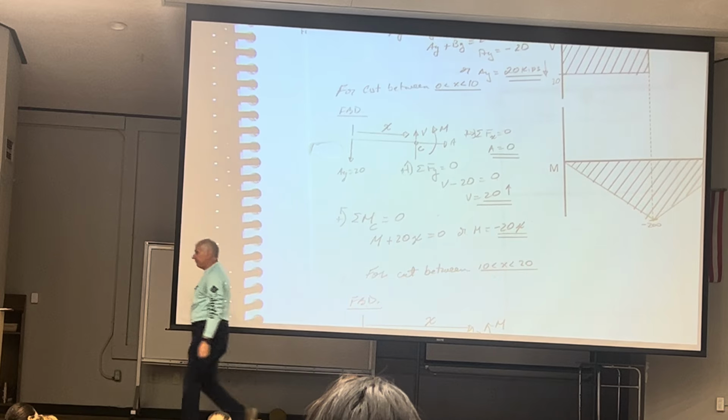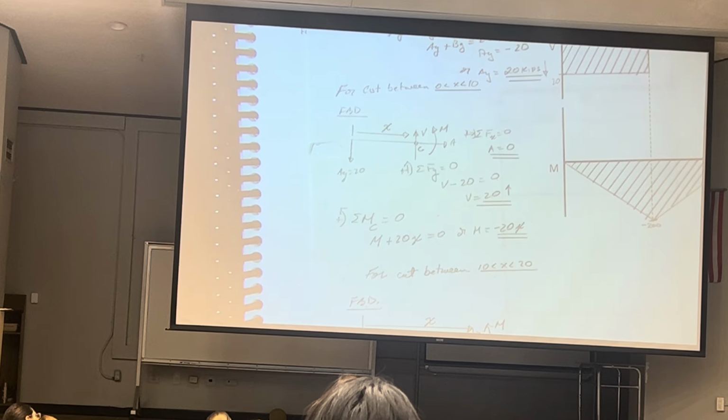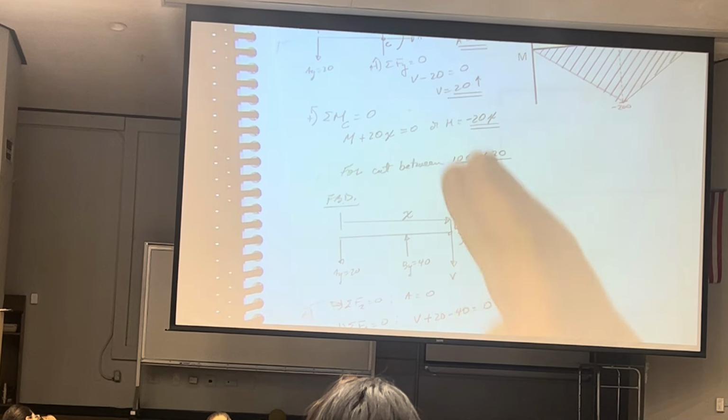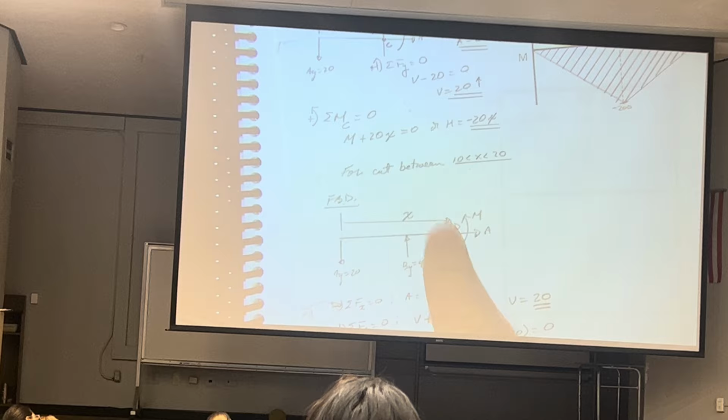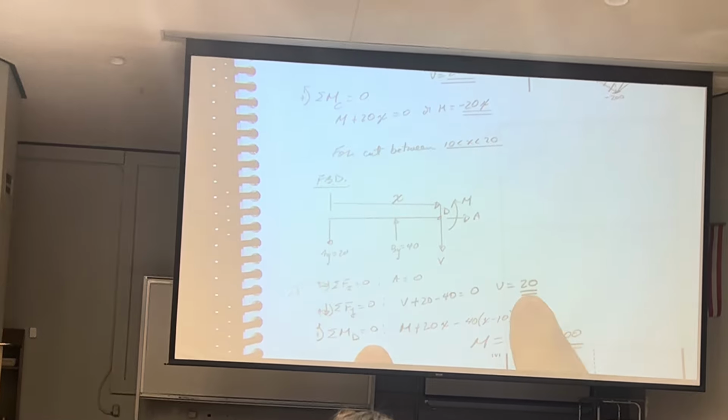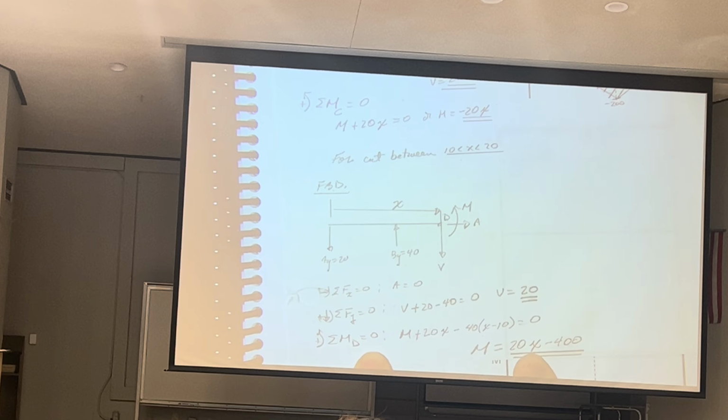Draw that in. Okay? Then you make a cut after BY. There's BY. I made the cut after. There's the distance X. There's my shear V. V is still 20. M is now 20x minus 400. That is literally the equation of the bending moment.